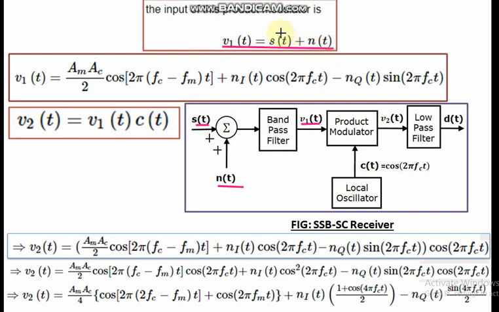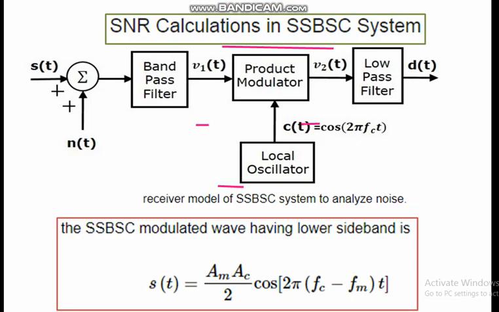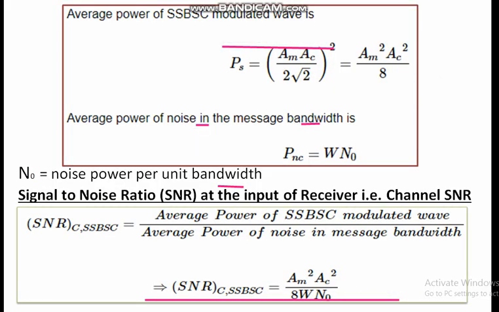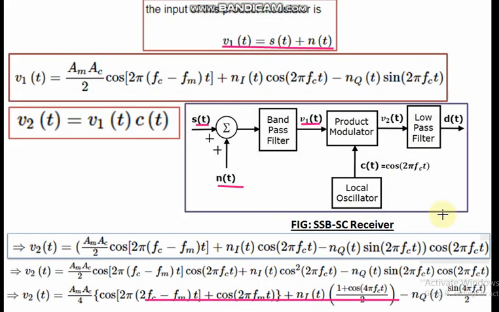Now in place of s(t), you have to put the formula of s(t), which we have seen in this slide. In place of s(t) we put Am Ac by 2 cos 2 pi (fc minus fm) t.